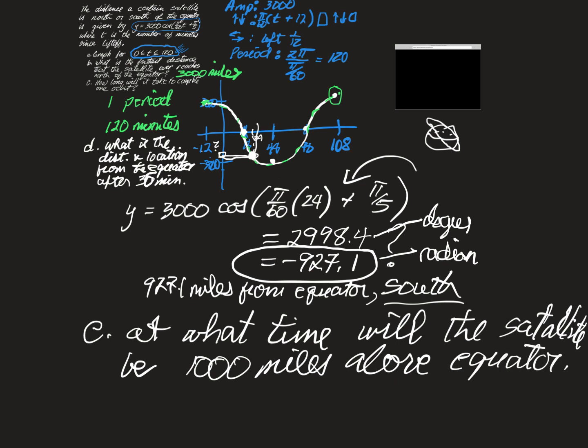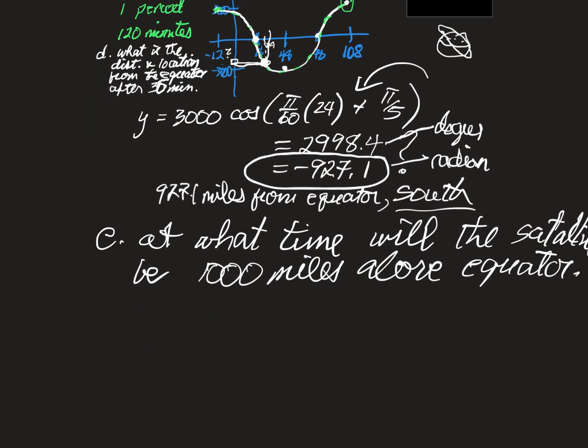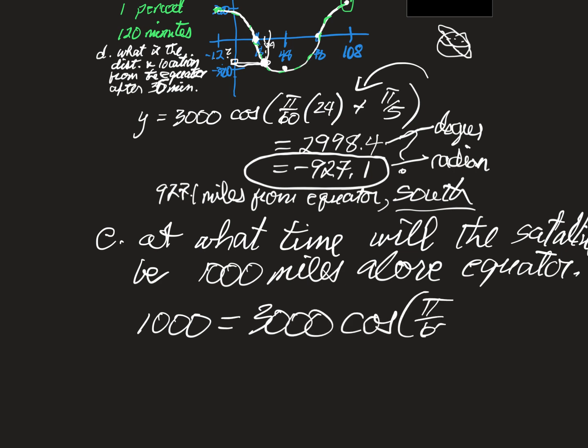Okay, now notice that's a positive number, and so we can just once again plug it in, except the 1,000 is the y, so we get 1,000 equals 3,000 cosine of pi over 60t plus pi over 5.